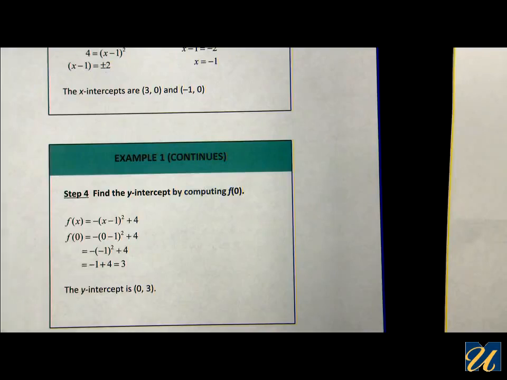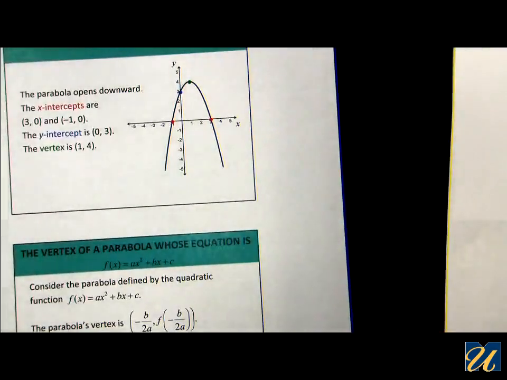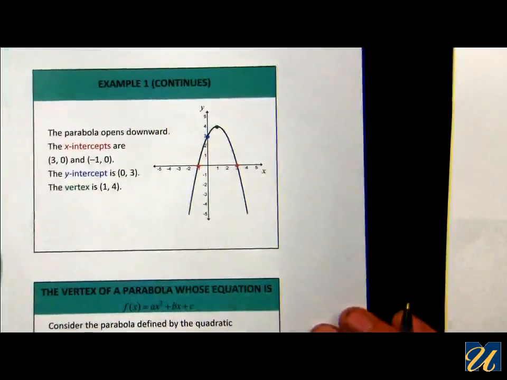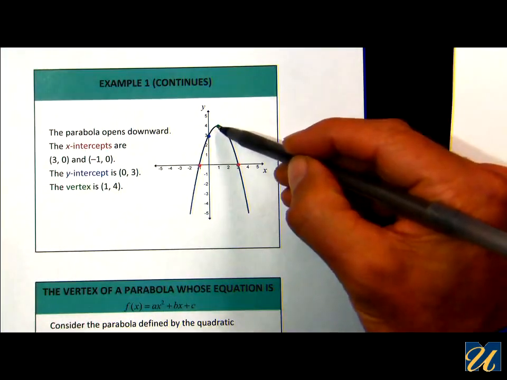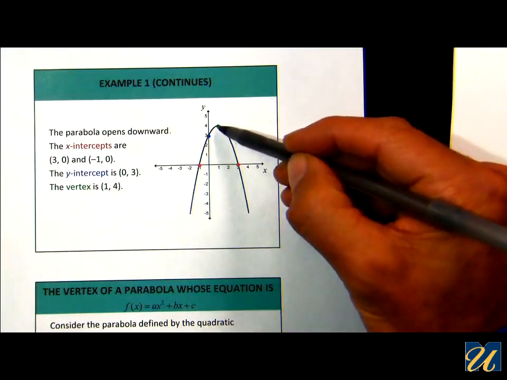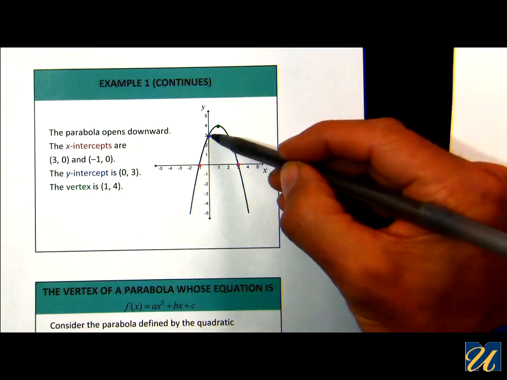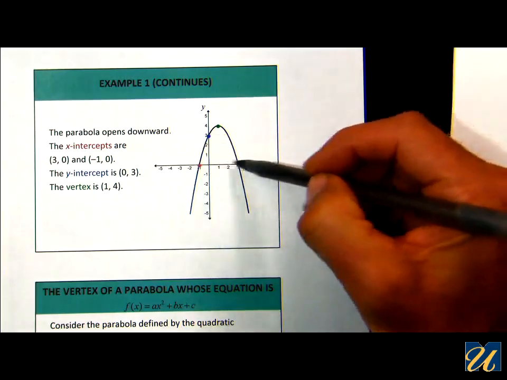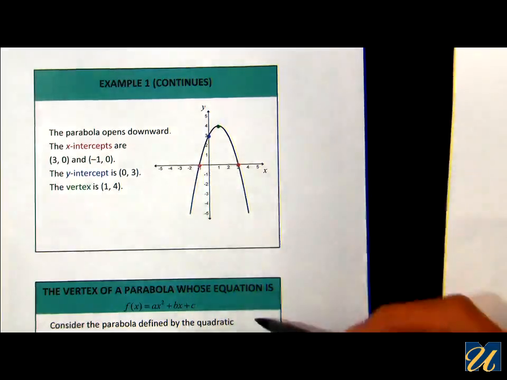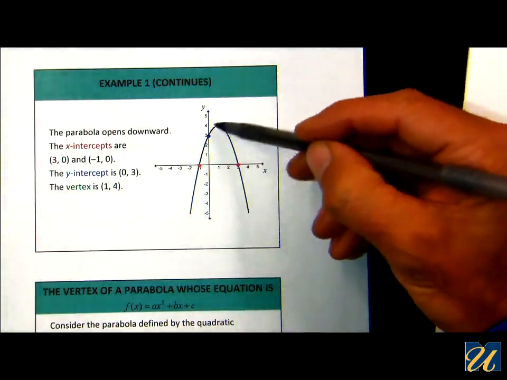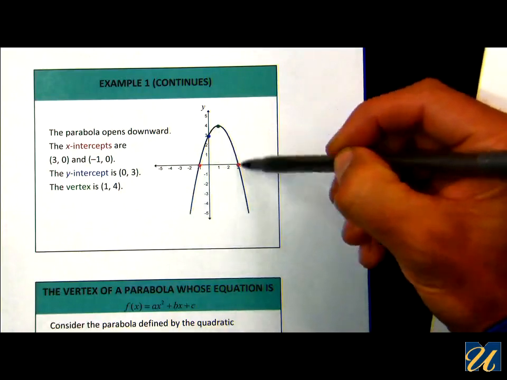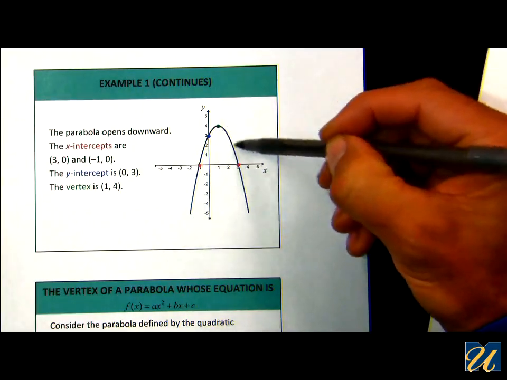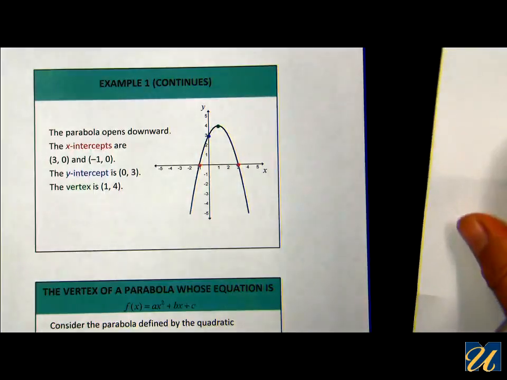Let's take a look at what the picture looks like now. So here we have the vertex located at (1, 4), and then the y-intercept at (0, 3). We locate both x-intercepts, one at 3, one at negative 1. We know the shape is a frown like this, and we very smoothly, with rounded corners here, draw the graph of that function.